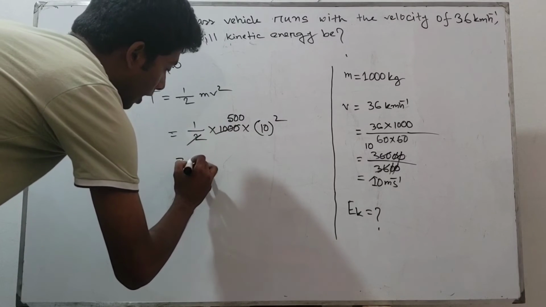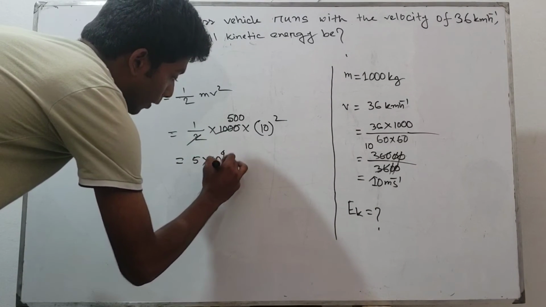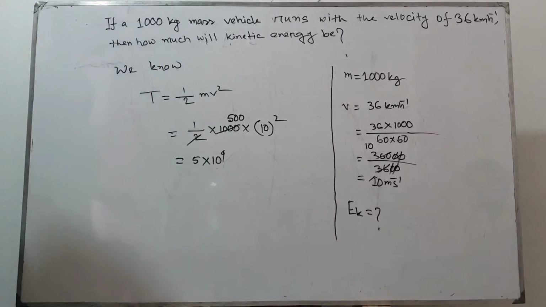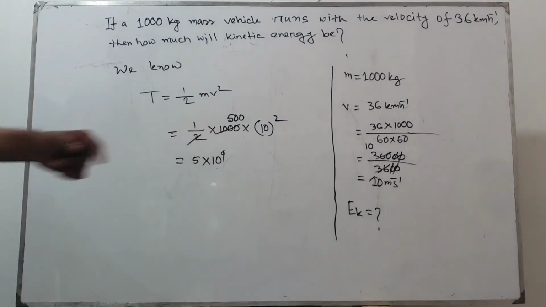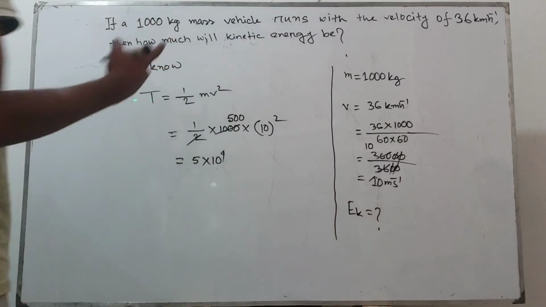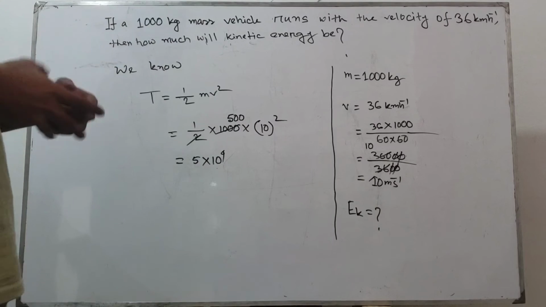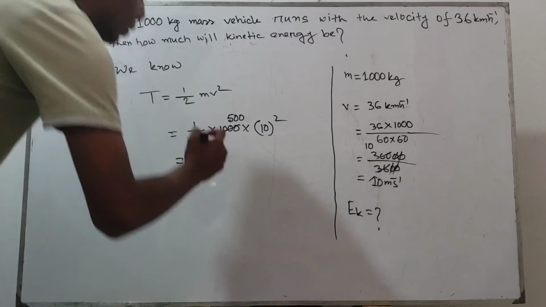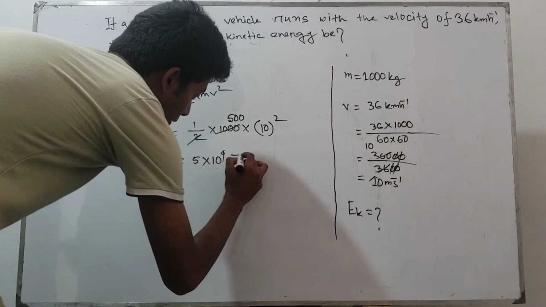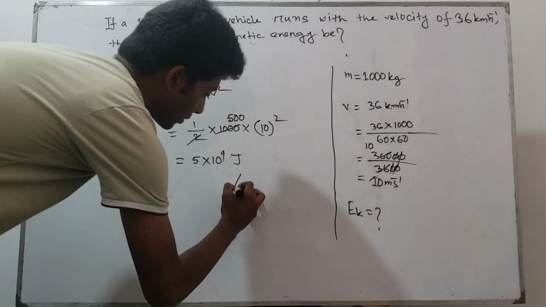Then the answer will be 5 into 10 to the power 4. If you express it in scientific notation, then you will get 5 into 10 to the power 4. And this is the kinetic energy. We know that the unit of kinetic energy or any kind of energy is joule. So we will write the unit J. J means joule. Answer.